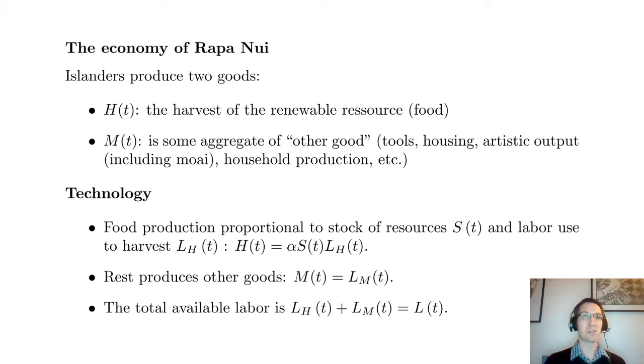So this is the setting. Now we have to describe preferences, and with preferences we're going to be able to pin down L_H and L_M, what we want to know. And once we know L_H, then we know our initial harvesting function.